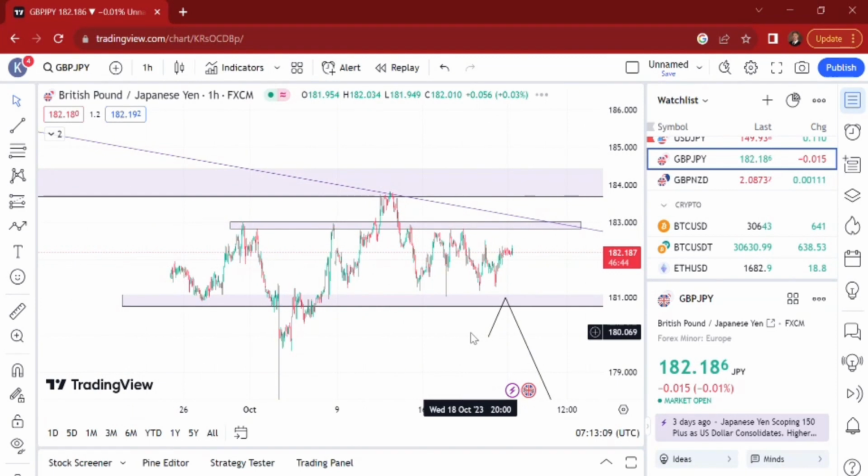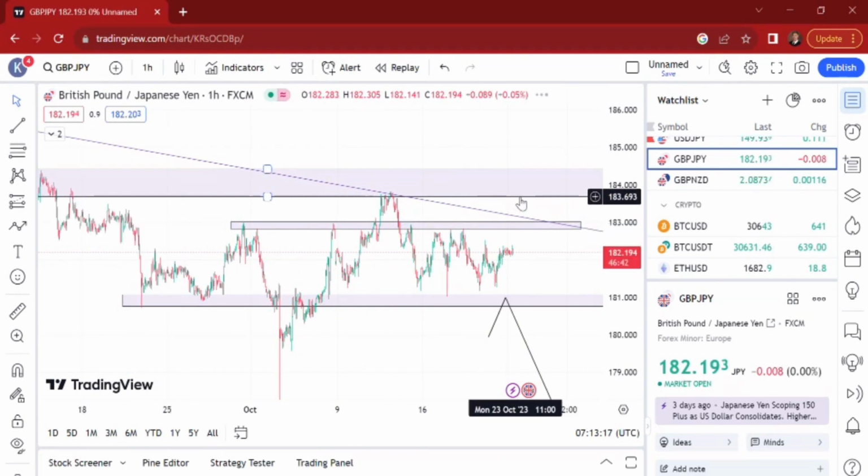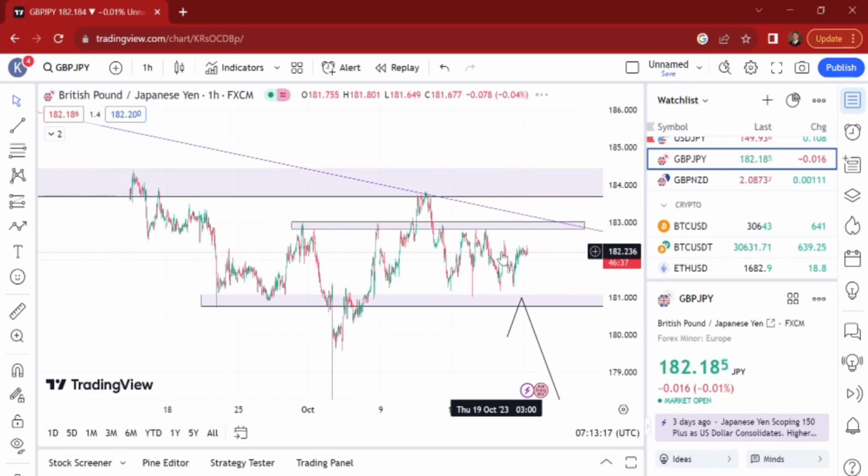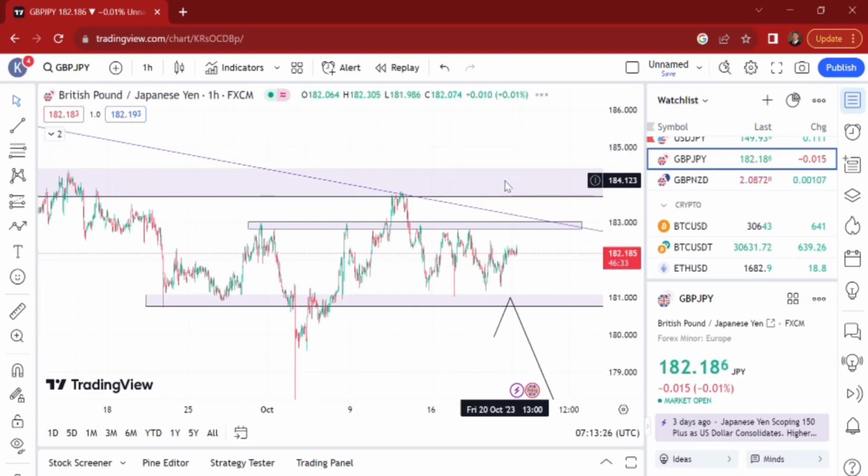But for now we just wait, because if price should break above here, it means our analysis is wrong, which means price has continued its upward trend. But obviously it should break down to this zone.